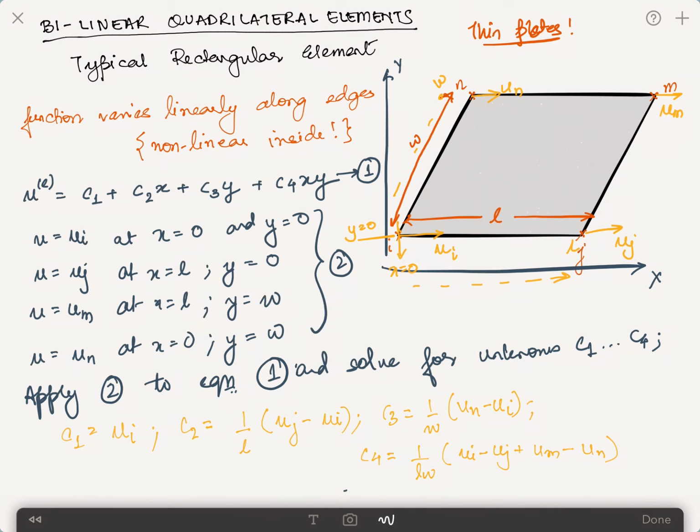If you do the calculation, which is quite fairly simple, you just have to substitute 4 different criteria for u into the assumed displacement function and solve for the 4 unknowns. If you substitute, you will get back C1 to C4.